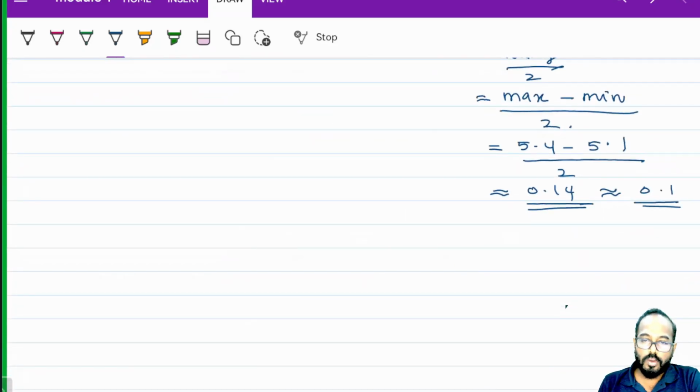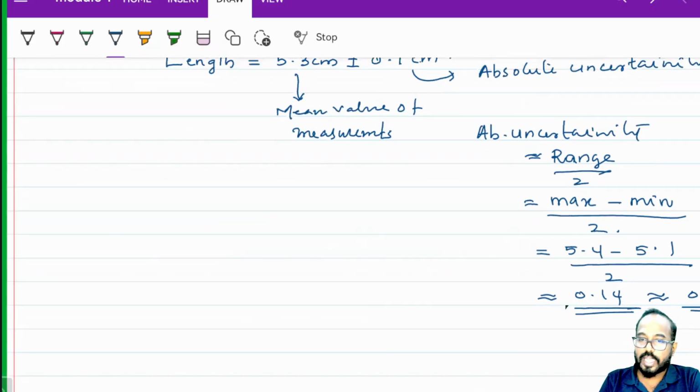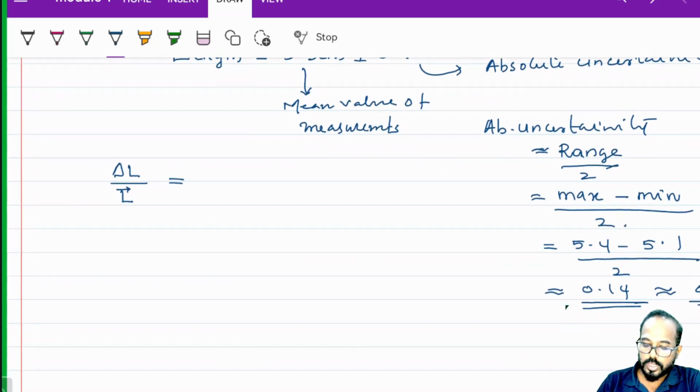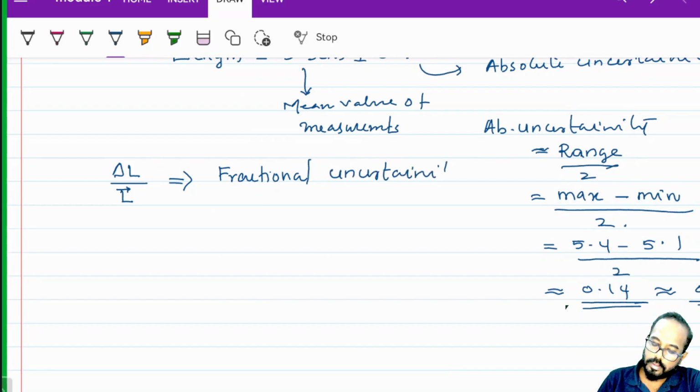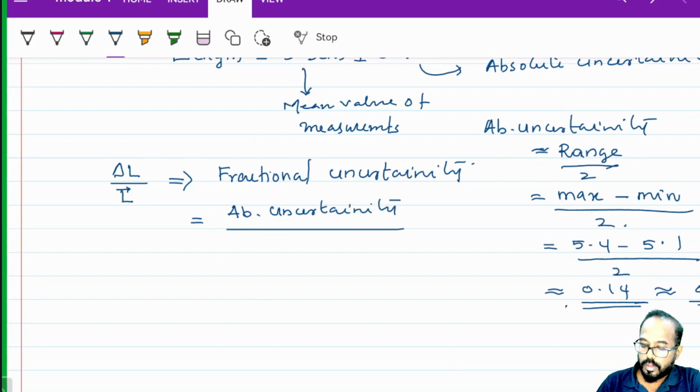Okay. So now, if you take the fraction, delta L is the absolute uncertainty, divided by the mean value of the measurement. This is called fractional uncertainty. Fractional uncertainty is the absolute uncertainty divided by the mean value.